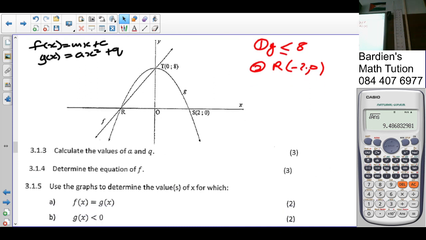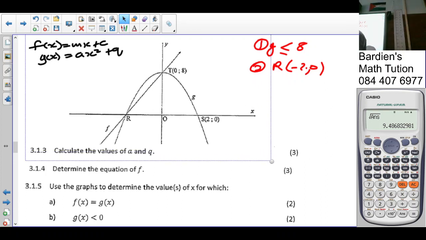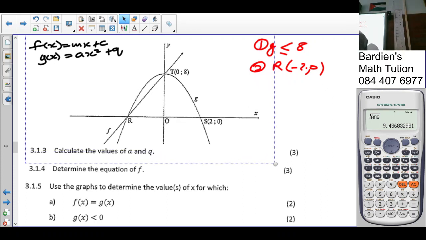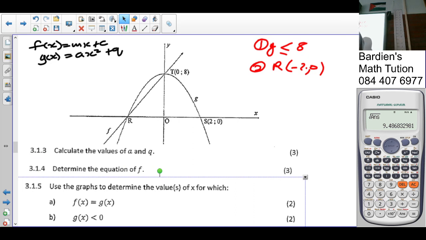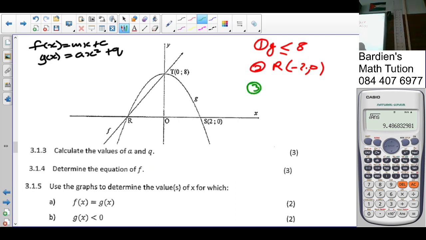The next question says, calculate the value of a and q. So where are we getting a and q from? From the equation of the straight line? No, it's not the equation of the straight line, it's the equation of the parabola.